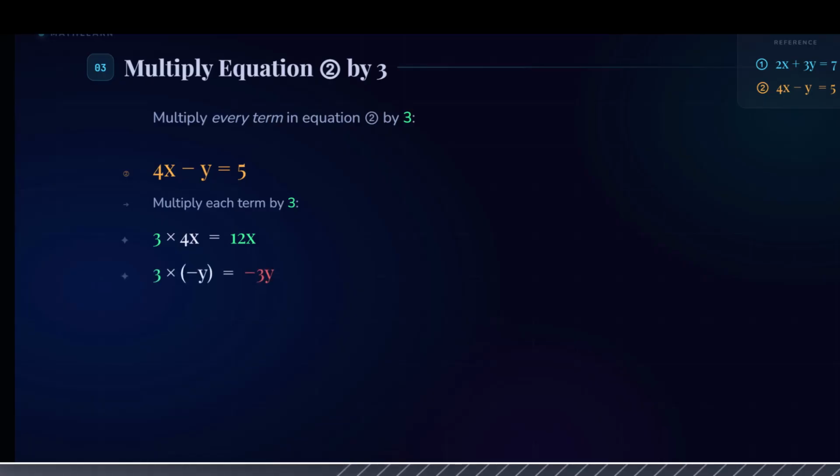Three times negative y equals negative 3y. Three times 5 equals 15. So our new equation, let's call it equation 3, is 12x minus 3y equals 15.